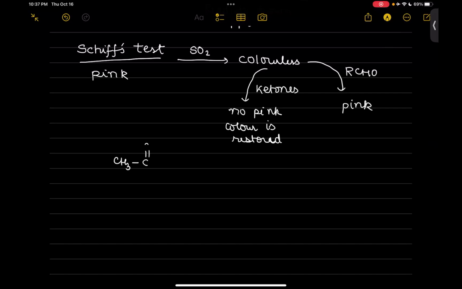I will take some common ketone, CH3COCH3, and an aromatic aldehyde, benzaldehyde, and I take 3-pentanone.